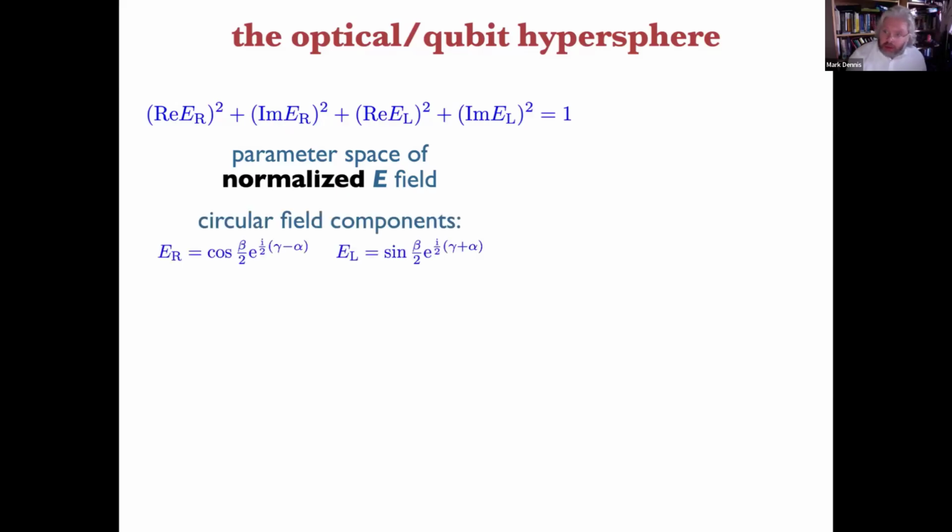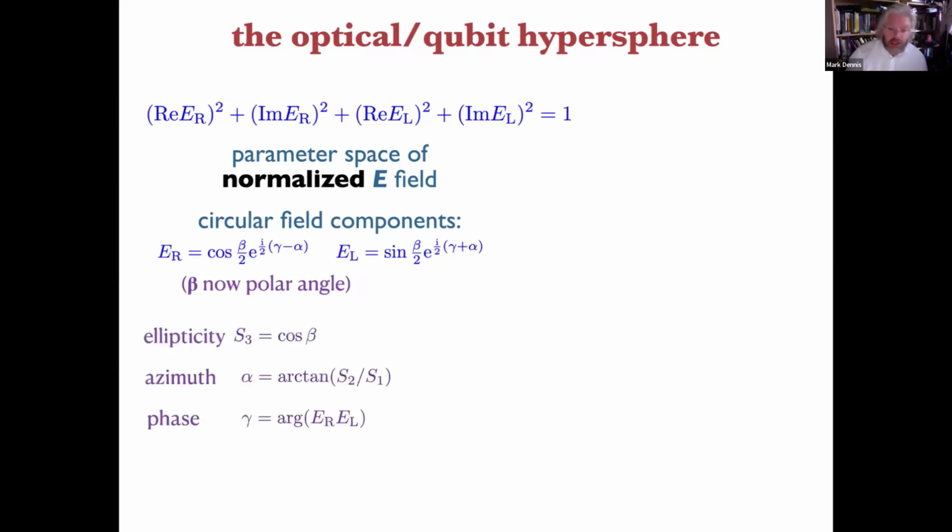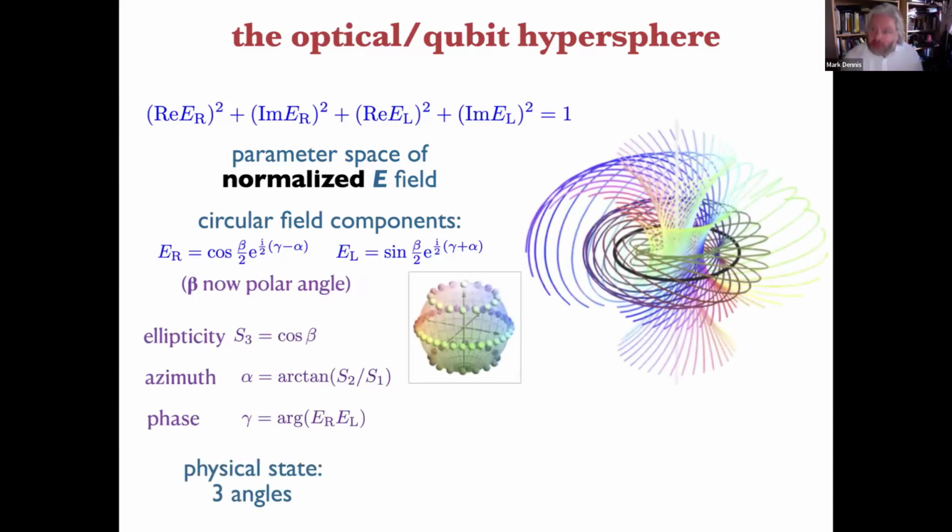That is to say, a normalized Jones vector is in fact a point on the 3-sphere. And if we think in terms of the right and left-handed circular polarization components looking like this, with beta being the ellipticity, azimuth alpha, and phase gamma, then those are the natural coordinates of the 3-sphere corresponding to this Hopf fibration.